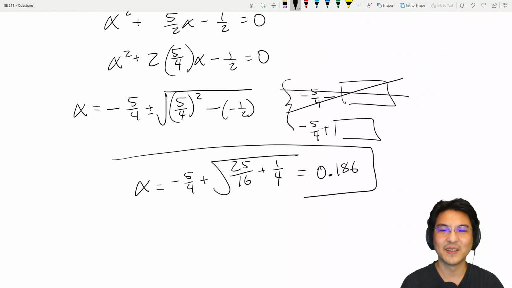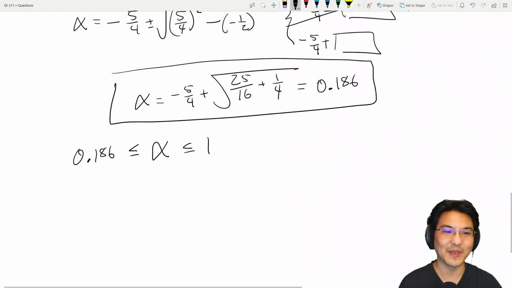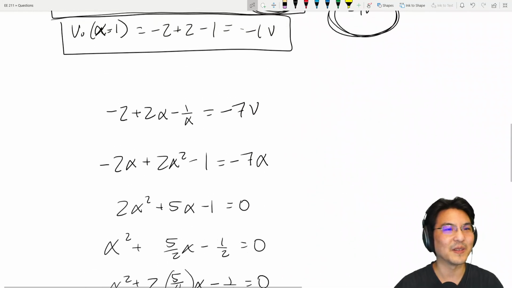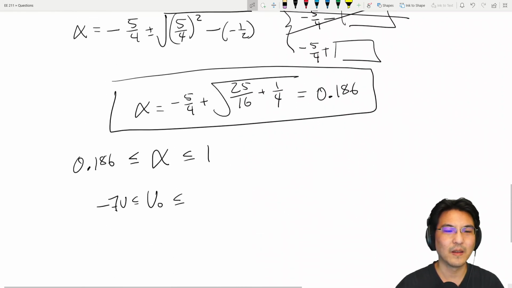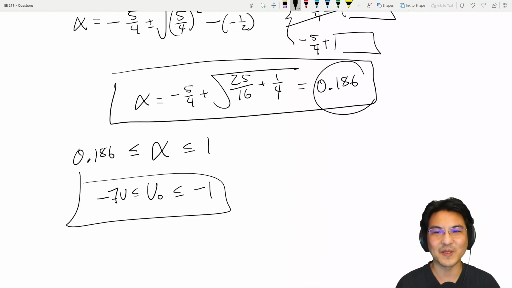So then alpha can only be in between 0.186 and 1, because if alpha is all the way down at 0.186, then the output voltage will be -7, and then at 1, the output voltage will be, what did we get? Here, -1. So this is the answer for part B.